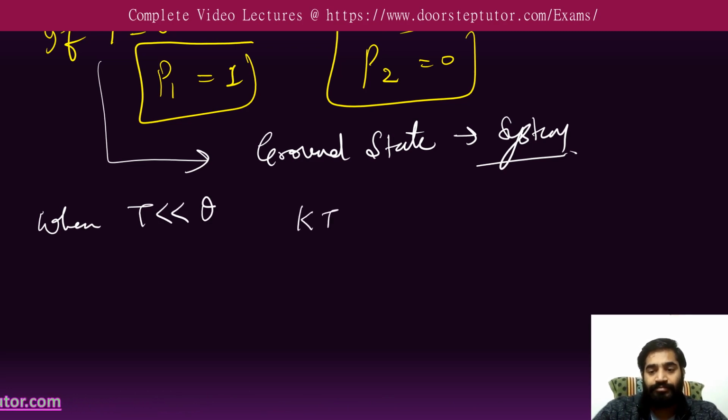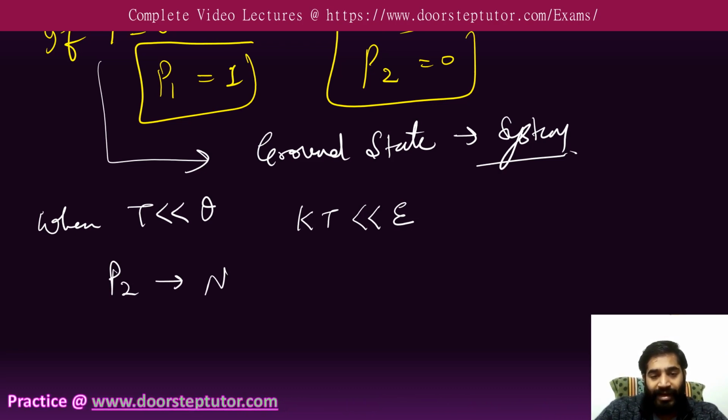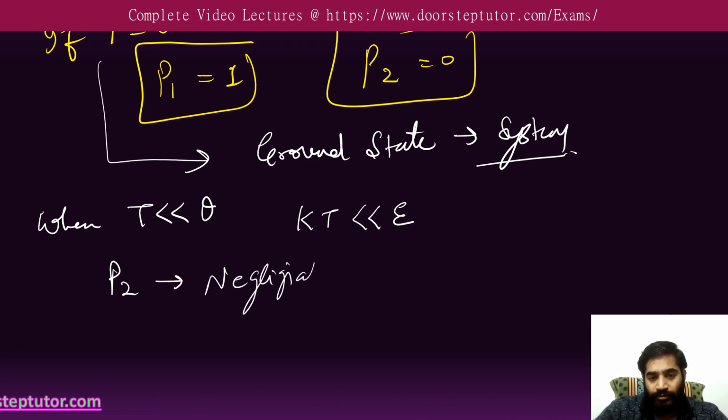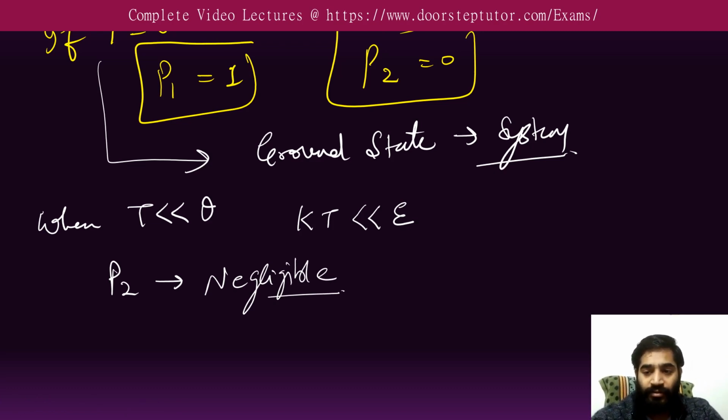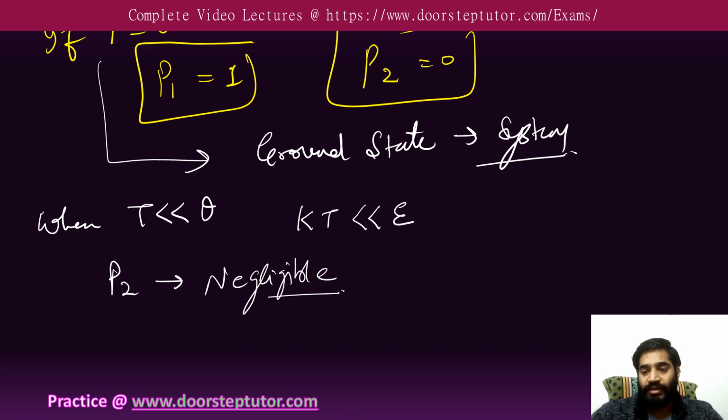Then kT is much less than the energy difference E2 minus E1, and you can say P2 is negligible. It begins to increase when the temperature is increased. Clear? So we must know what P1 and P2 are and how they depend on the conditions.